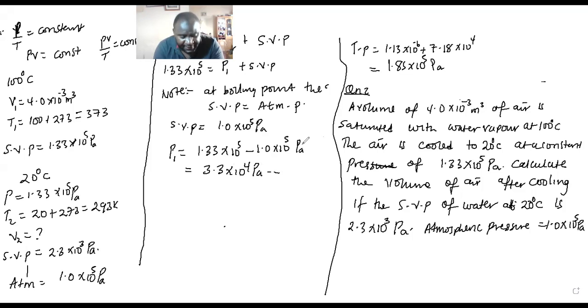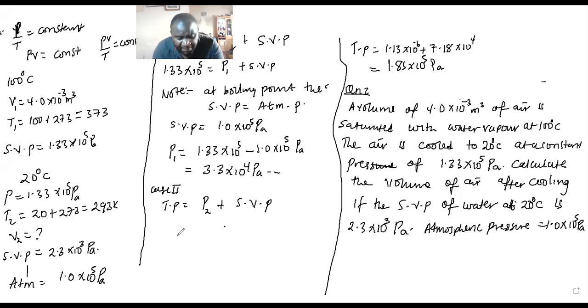Now, in the second case, that is case 2, still total pressure is equal to pressure of the air plus saturated vapor pressure. In this case, they are telling us the saturated vapor pressure is 2.3 exponent 3.